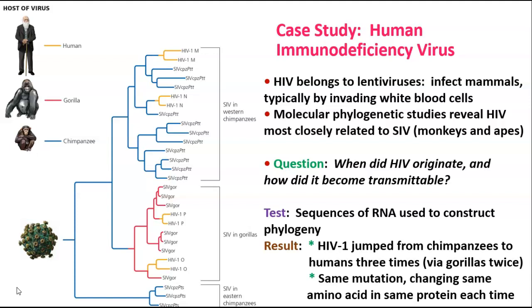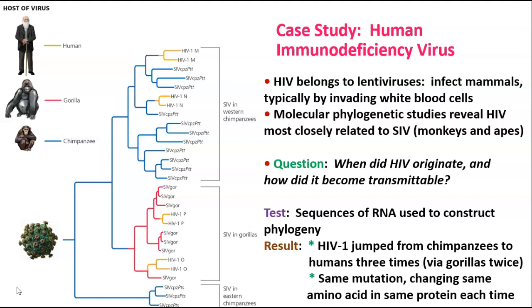So that's found in monkeys and in non-human apes. So we know this. So the question going into this analysis is, when did HIV originate and how did it become transmittable? So to test this, sequences of RNA from HIV were used to construct a phylogeny, which you can see here on the left side of the slide.